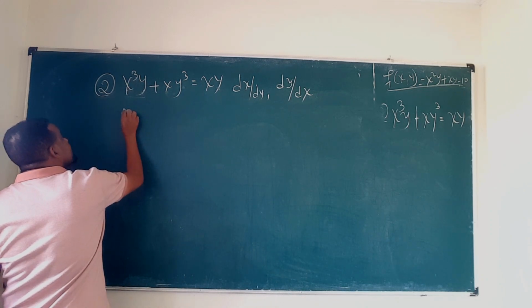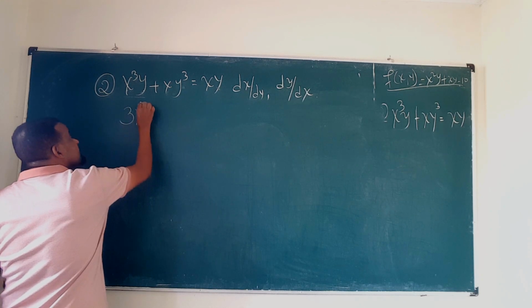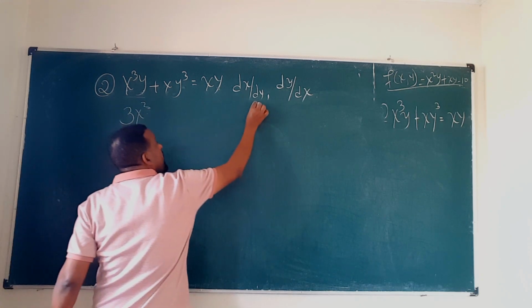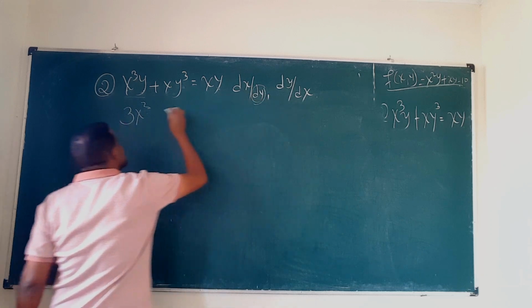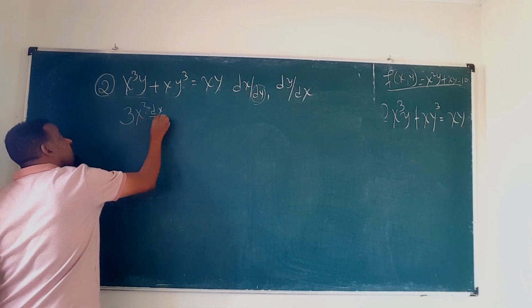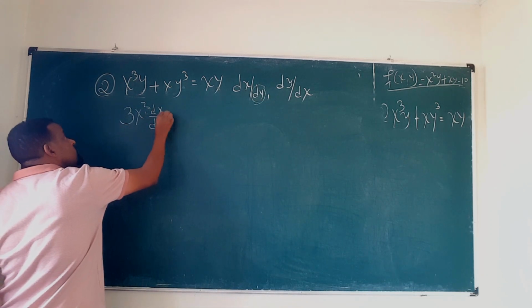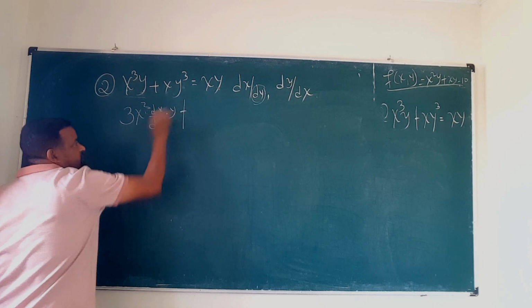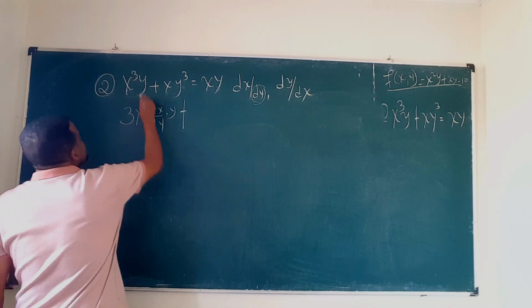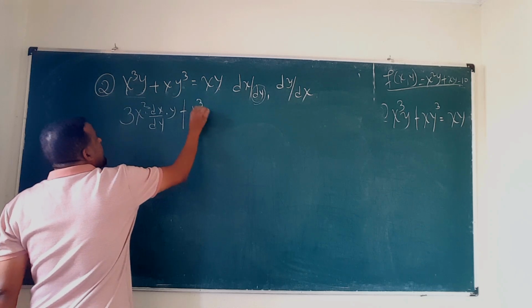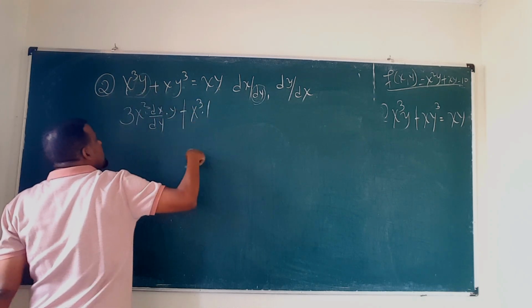The derivative of x cubed is 3x squared, with respect to y, because you want dx by dy. So take the derivative with respect to x and with respect to y, then write y, plus x cubed stays as it is, then the derivative of y is 1 with respect to y.